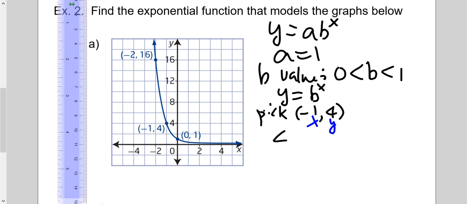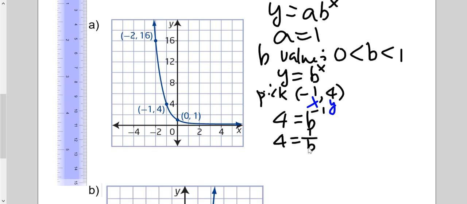So 4 equals b raised to the power of -1. If you rewrite that, it is the same as 4 equals 1 over b. Alright? So if you do the algebra, that means b is equal to 1/4.